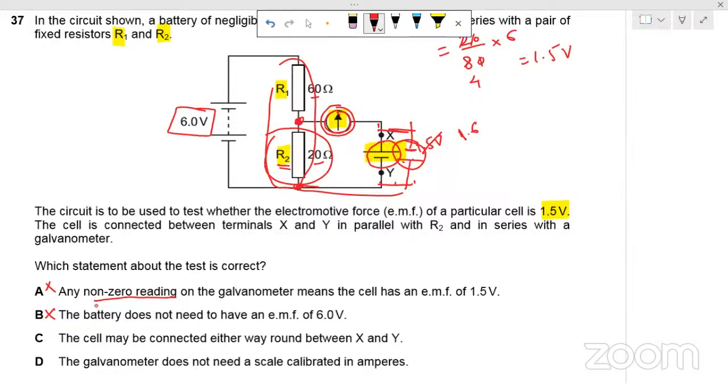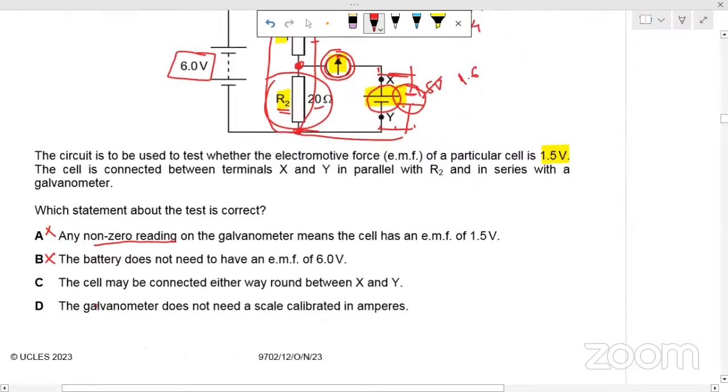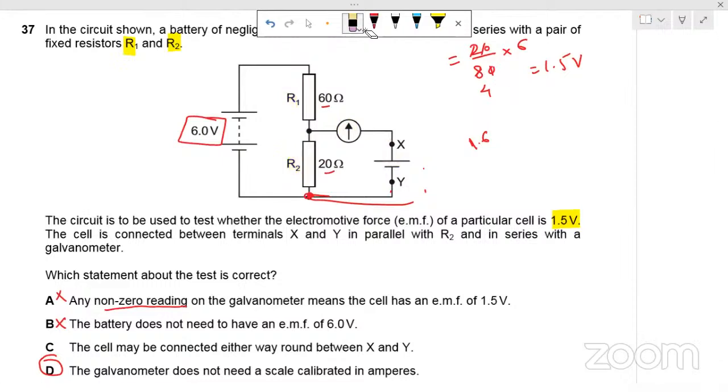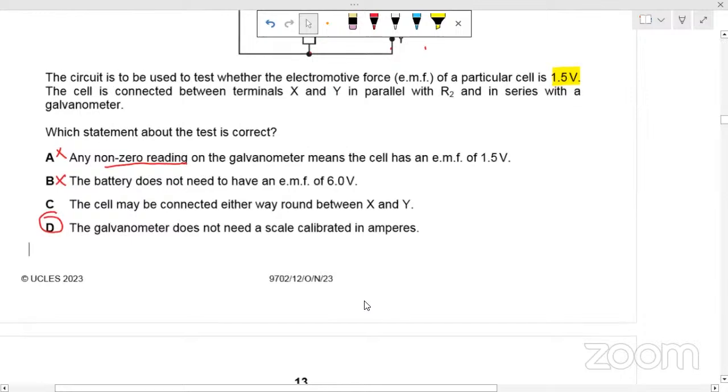So the zero deflection case will not be possible. The galvanometer doesn't need a scale calibrated, because we are using this galvanometer over here to detect the current, not to measure the current. So it doesn't matter if it is calibrated for current or not. We are using galvanometer over here for detection of the current.